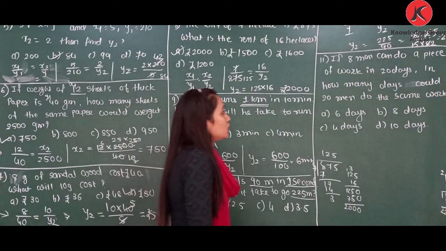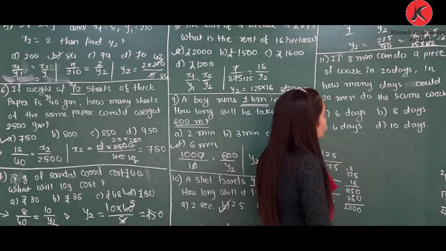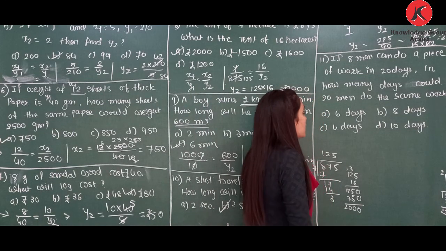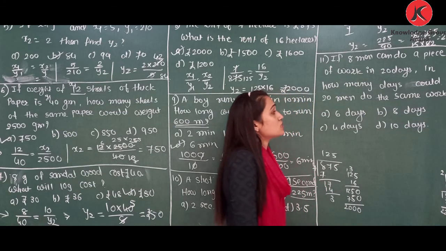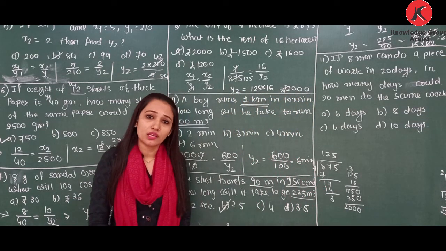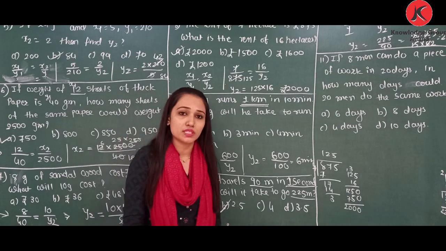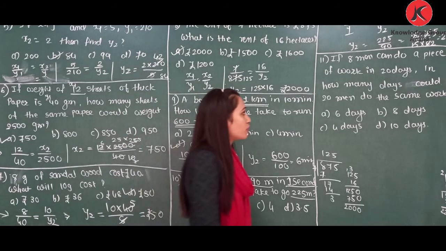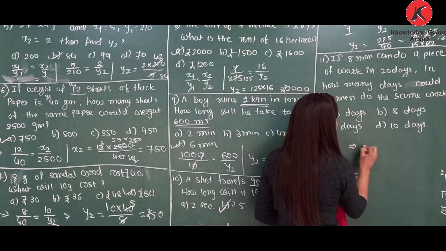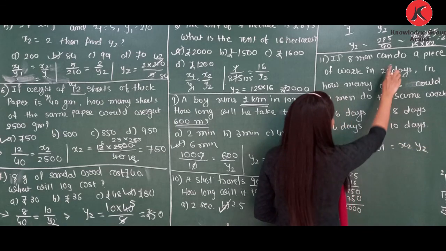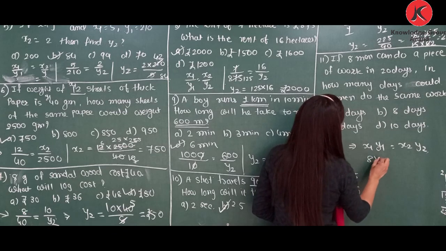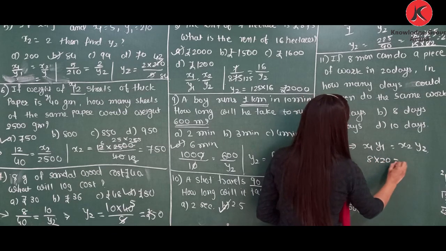Next one, if 8 men can do a piece of work in 20 days, in how many days would 20 men do the same work? If number of persons are increasing, time to complete the job is decreased. So this is in an inverse proportion. So we can write x1 by y2 is equal to x2 by y1. 8 men can do the work in 20 days.